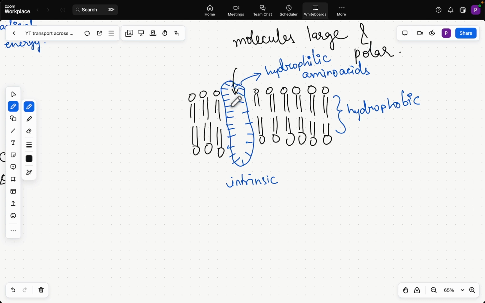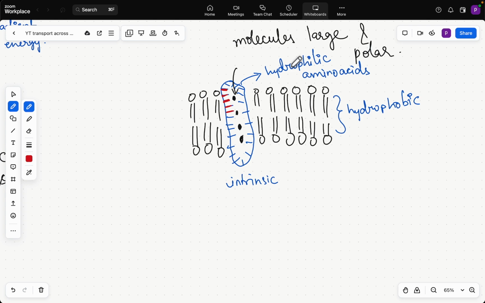That is the reason why whatever amino acids are facing the molecule, right? For example, this is the molecule that you have to pass through, right? So whatever amino acids are facing this molecule, these are the amino acids that I'm indicating with red, that are facing the polar molecule. Those amino acids are hydrophilic amino acids, right? And they will easily facilitate the diffusion of these molecules, right?